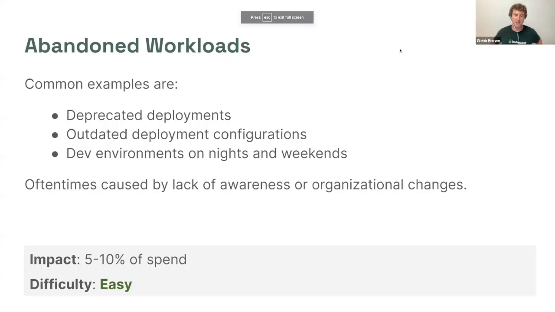So this is another example that's on the order of magnitude of 5 to 10% spend reductions. Again, as you scale as an organization, this tends to grow. I would say it is still in the easy category, but a little bit harder than orphaned external resources, just because this is a scenario where you tend to need to apply some sort of organizational or business knowledge to understand if something is actually unused.